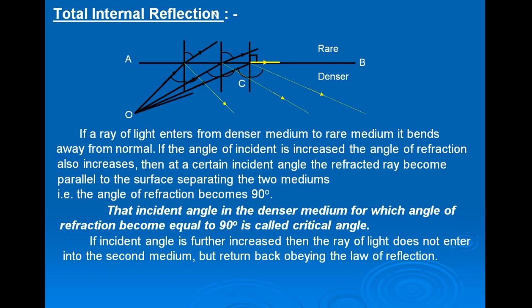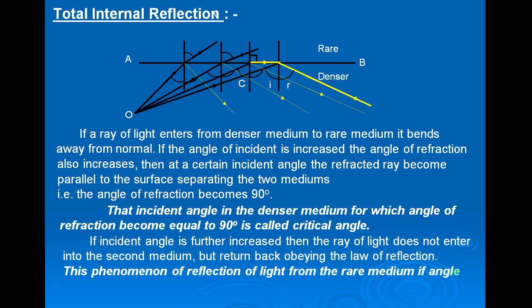That is, this is the incident ray of light, so that this is the normal at the point of incidence, and the ray of light is totally reflected in the same medium. That is, there is no refracted ray of light in the rare medium, obeying the law of reflection, that is, angle of incidence is equal to angle of reflection.